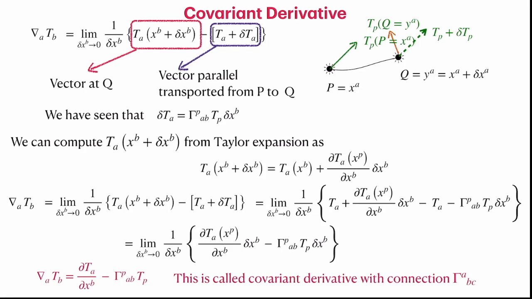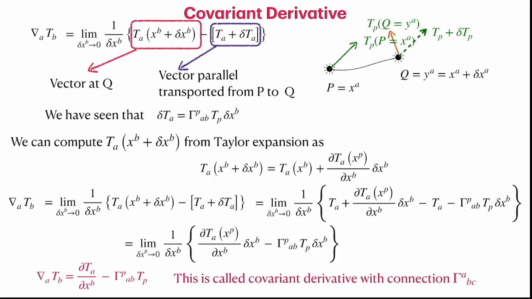Now we have seen that the gamma simply relates or parallel transports the vector from a point P to Q, and they are the coefficients of transformation. There is no unique way of doing this parallel transport. You could have non-unique connection coefficients. So this is what is interesting about differential geometry.